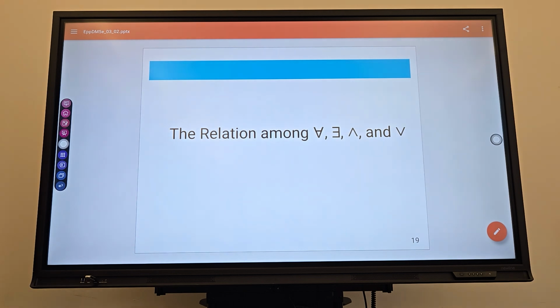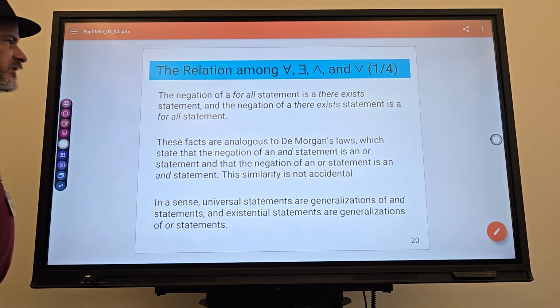The relation among the universal quantifier, the existential quantifier, and an OR. All right. The negation of a for all statement is there exists, and the negation of a there exists statement is a for all statement.